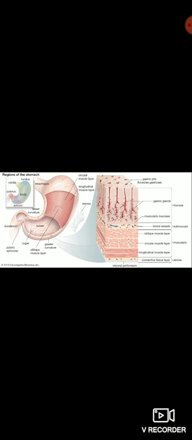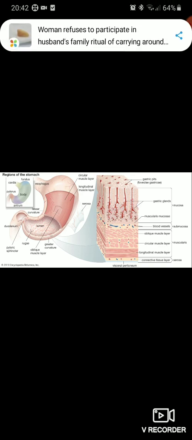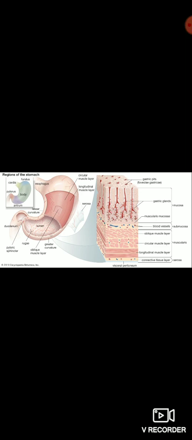Brunner's gland. These are compound tubular glands present only in the submucosa of duodenum. They open into crypts of Lieberkühn. They secrete alkaline, enzyme-free watery secretion. Secretion of intestinal glands is called intestinal juice or succus entericus. It is alkaline with pH 7.8 to 8.3.